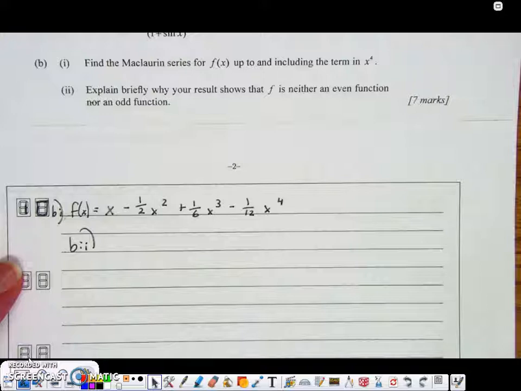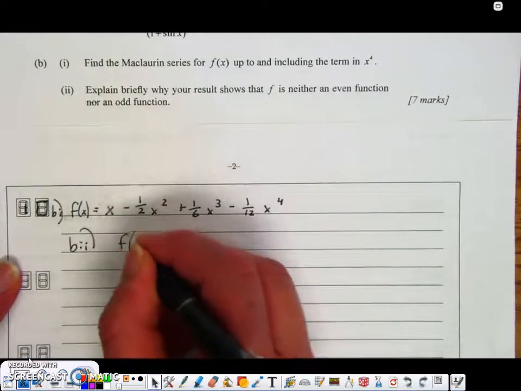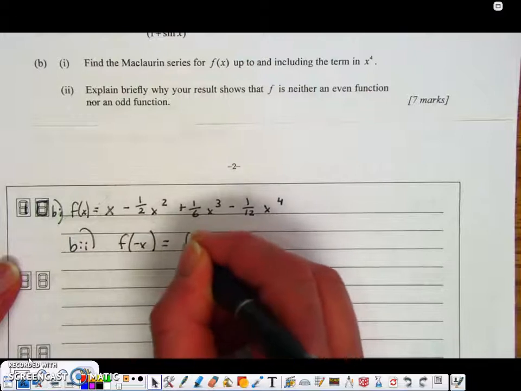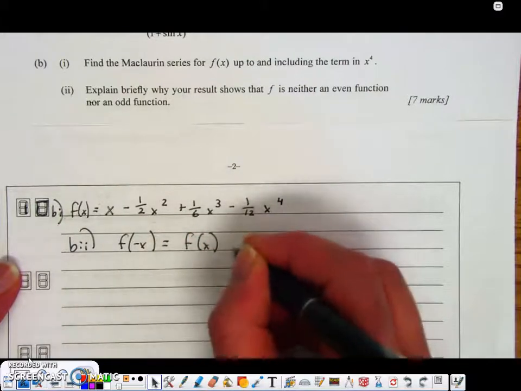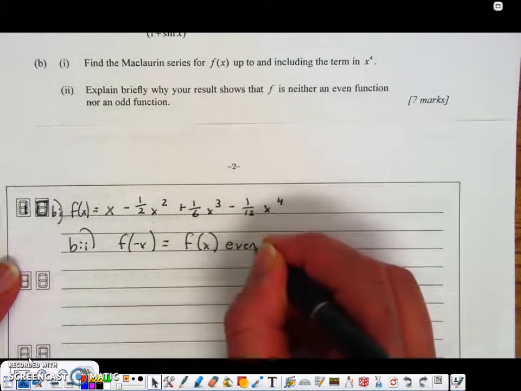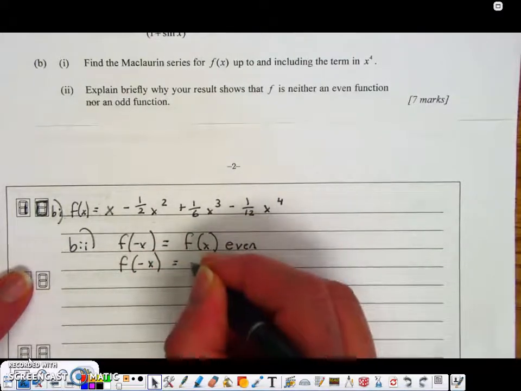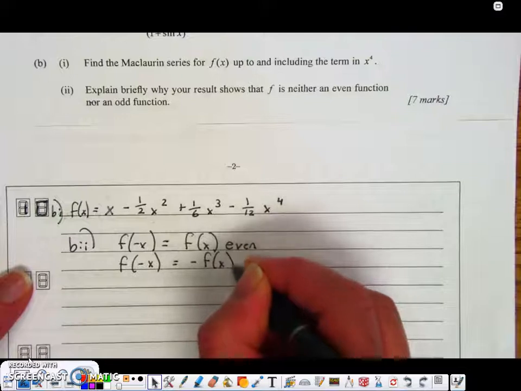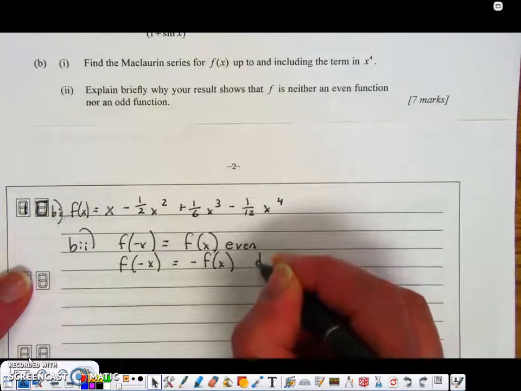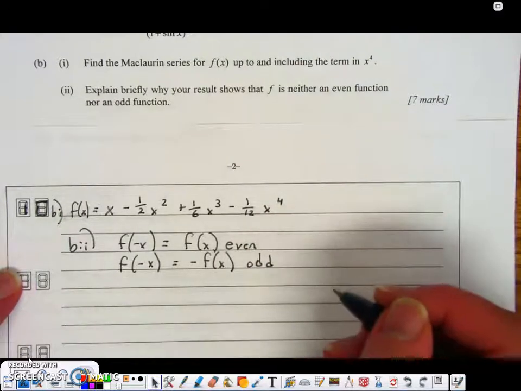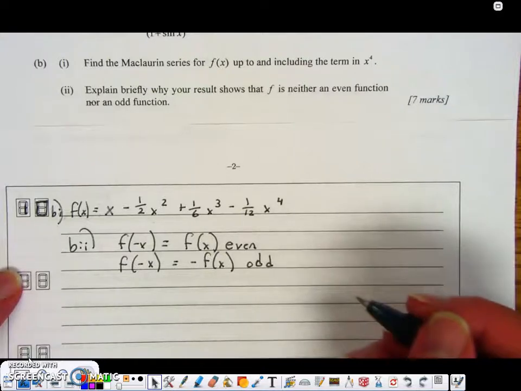Part B II says, explain briefly why your result shows that f is neither an even function nor an odd function. Well, if you'll remember, if you substitute negative x and you get the same thing you started with, that would mean it was even. And if you substituted in negative x and you got the opposite of what you started with, that would be an odd function. But in fact, neither one of these is true.